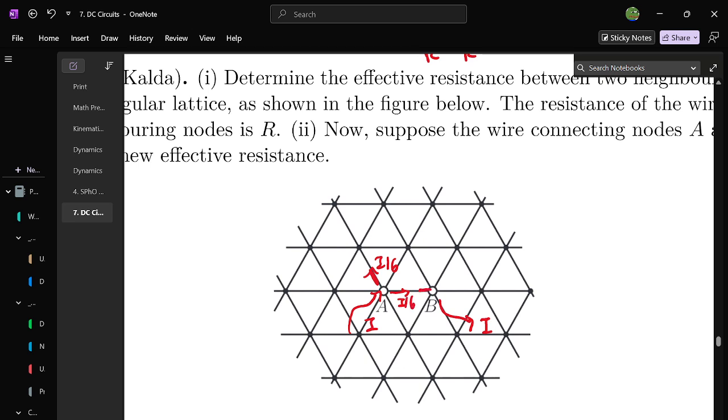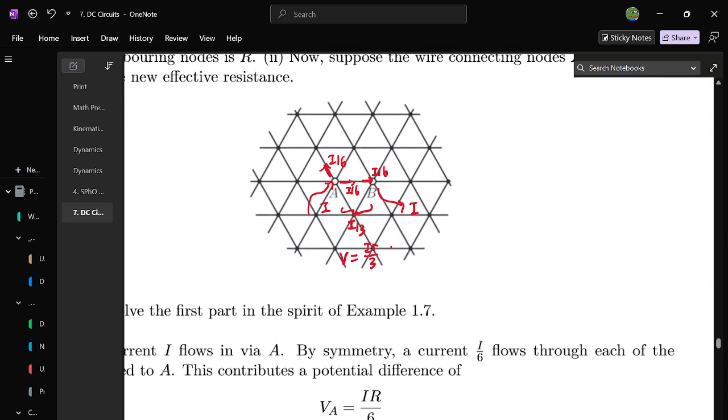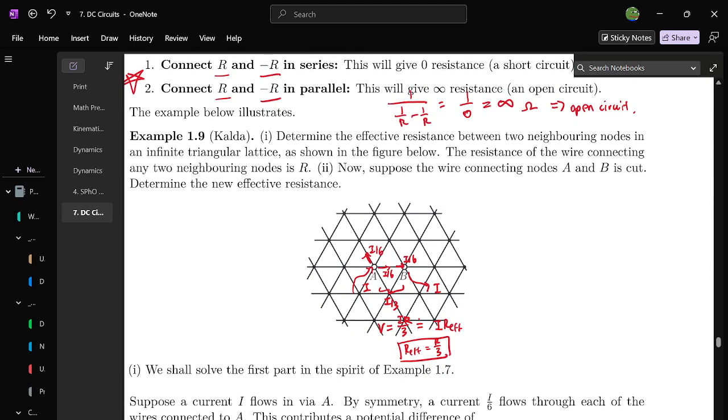When you take the current out, you have another I over 6 here. This will give you I over 3. So your potential difference is IR over 3, which is equivalent to I times R effective. And R effective is just R over 3. Now this should be quite standard if you refer to the square grid example if you're not sure how this works.